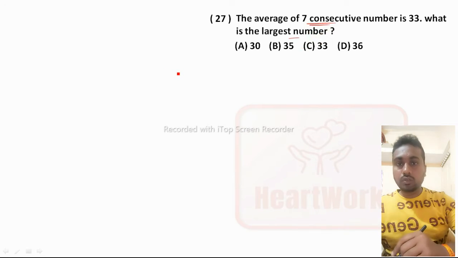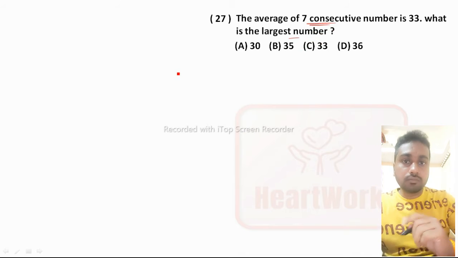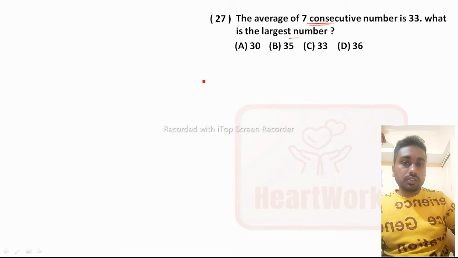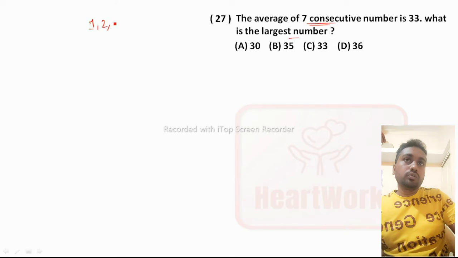In the previous video, when an average question came, I told you that if the numbers are in a sequence, like suppose 1, 2, 3, 4 and 5, and the question asks to find the average, how will we find it?